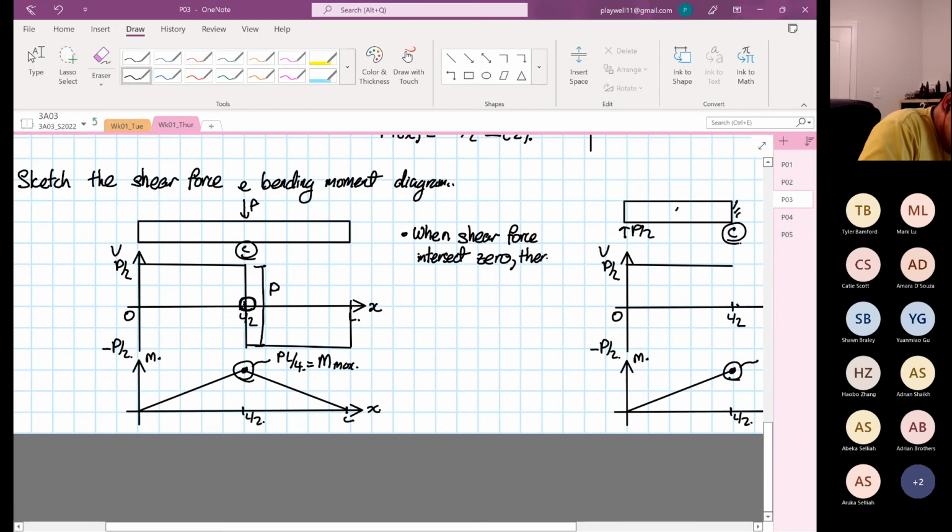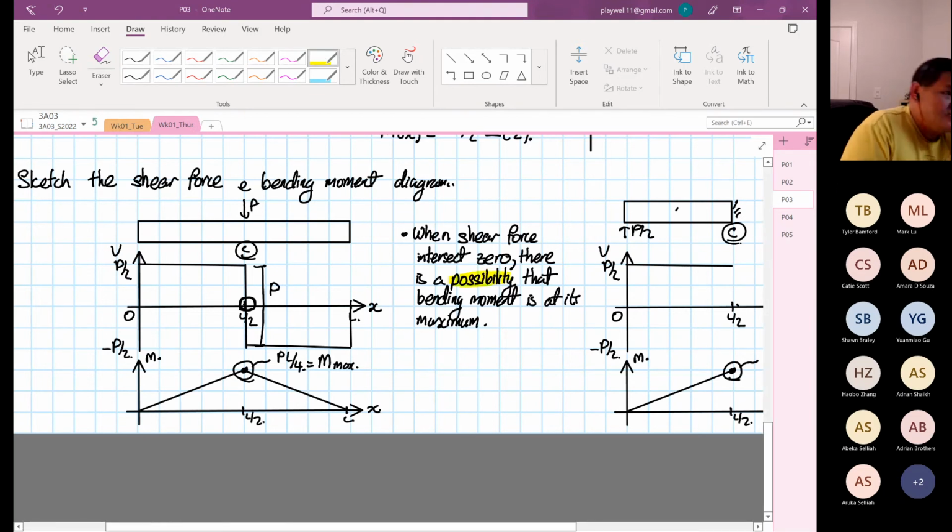There is a possibility that the bending moment is at its maximum. I will highlight over here, there is a possibility.